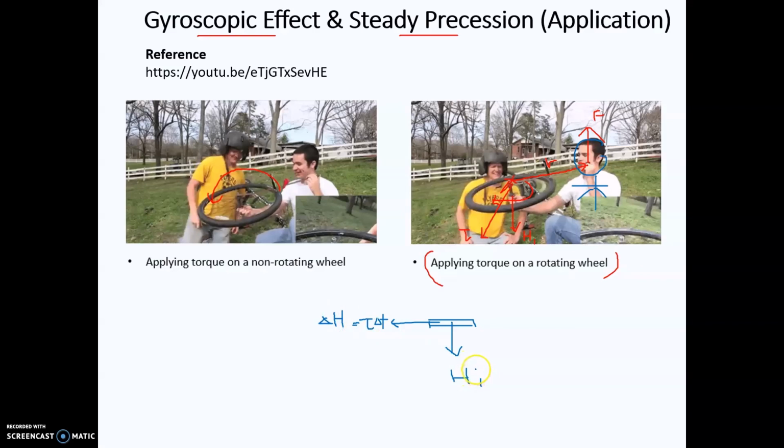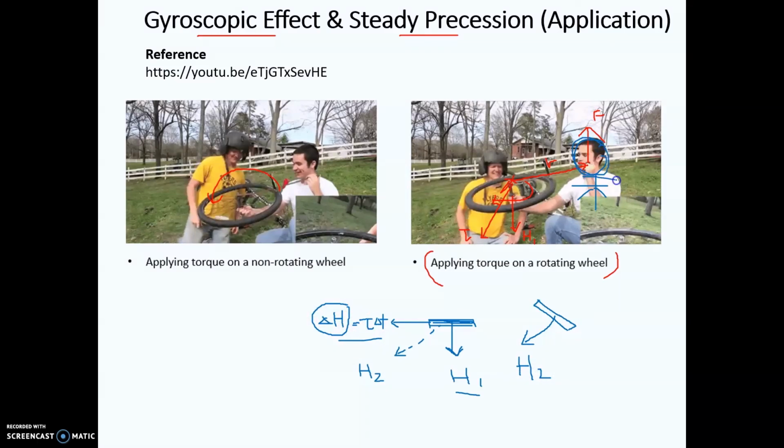By taking the summation of H1 plus delta H, you obtain H2, which is the resultant here. Therefore, the rotating wheel will change from the H1 position to the H2 position here, due to the external torque.